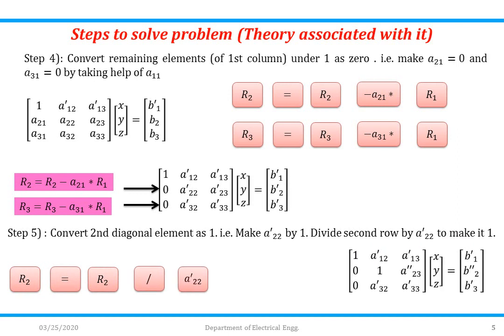So this is your matrix. When I divide this row by A-22, this element is 1. Then instead of writing A-23 divided by A-22, for simplicity I have written A-23. Likewise I have written B-2. Understood this concept? Next step.